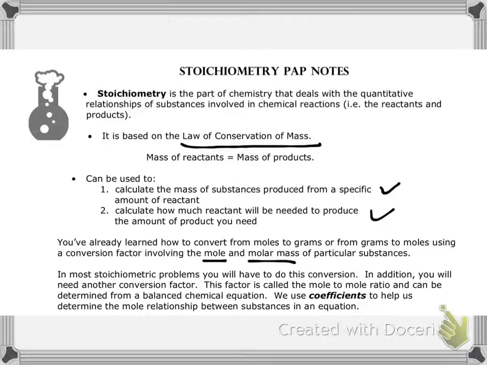When we balance a chemical equation, we use coefficients. Those are the numbers that are in front of each part of the equation, and we use those coefficients to help us balance the equation. Those coefficients represent the ratio of all the parts of a chemical equation to everything else that's in that equation. We call that a mole ratio as well.